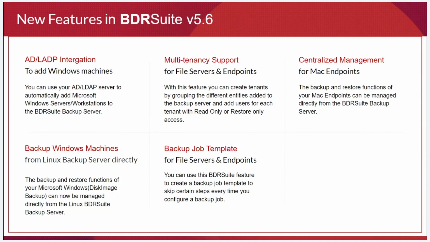But now, from your Linux server, you can directly add your Microsoft Windows machines to your Linux server from its centralized console. That's the feature that we have brought in this release, because we are also trying to make this Linux server more useful at this stage instead of having a client. So our move towards the centralized management is being proved with multiple options that we have listed down here.